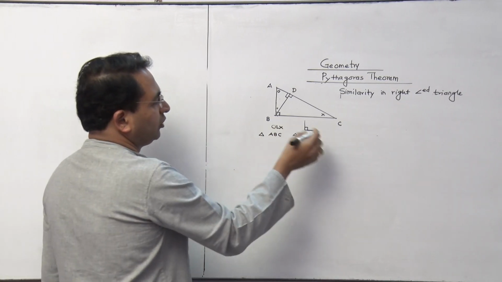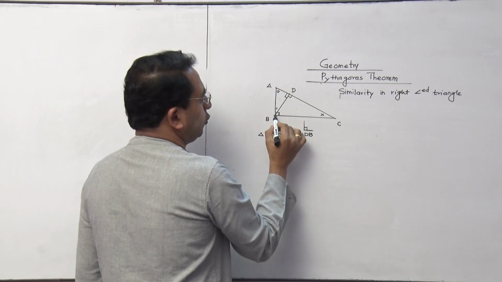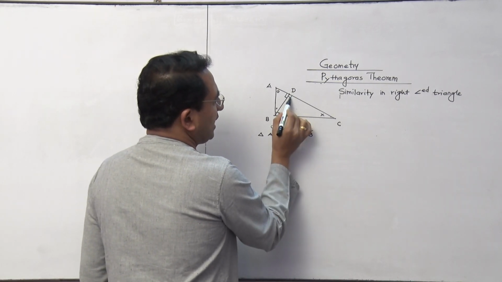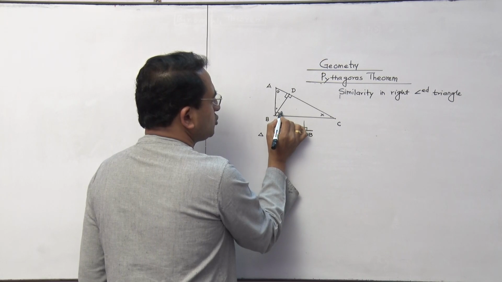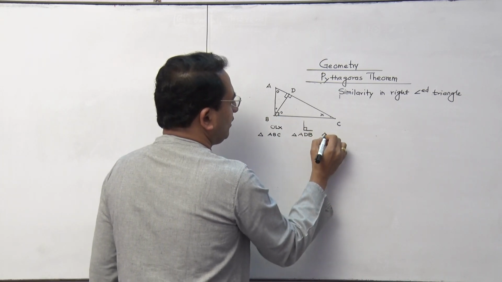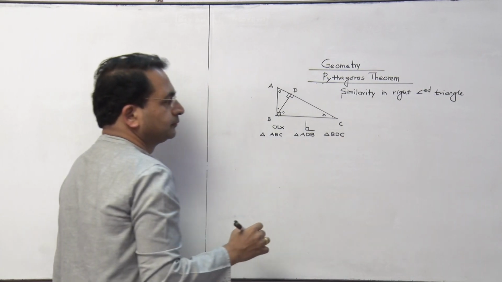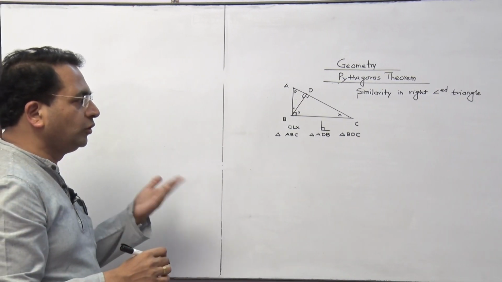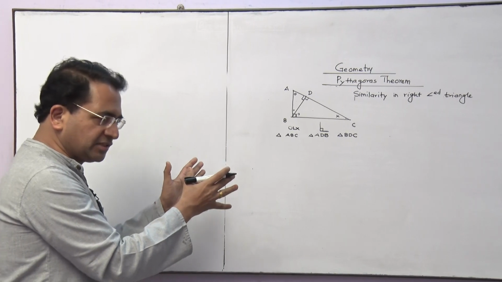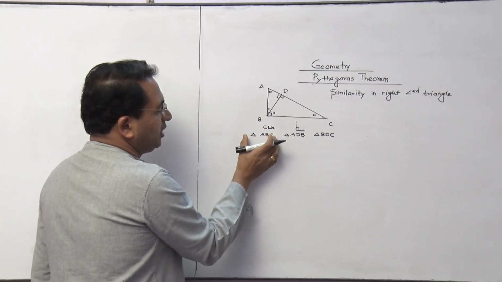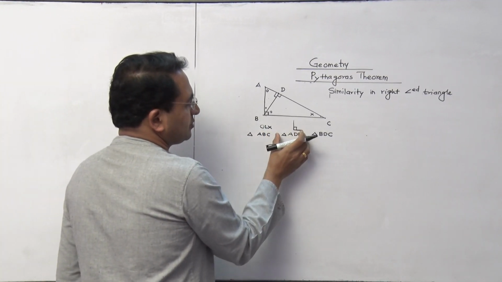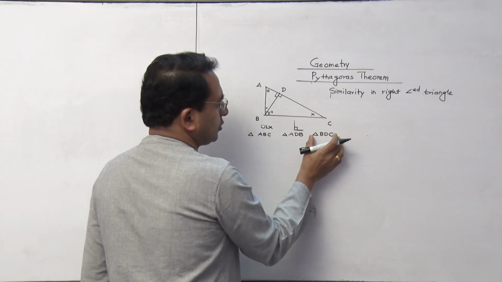And what about the third one? Third one is OLX. L and X are already there. This is O. So we can write triangle B, D and C. This is how we have to learn. And if you understand this, this is first bigger OLX, this is smaller OLX, and this is the last OLX.